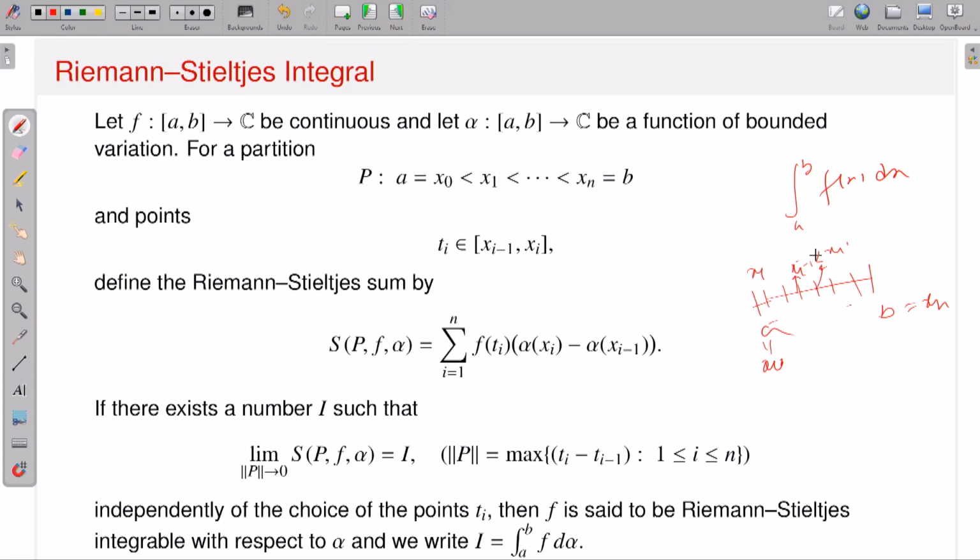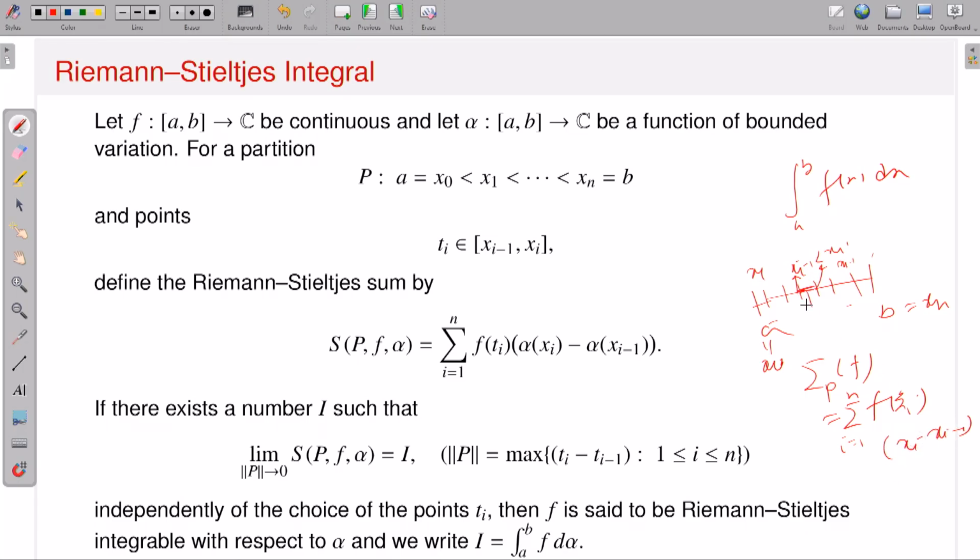So x naught, x1, up to x_{i-1}, x_i, up to x_{n-1}, xn. Corresponding to that partition, you form what is called the Riemann sum, that means the sum over i from 1 up to n of f of xi_i times the length of the subinterval x_{i-1} to x_i.